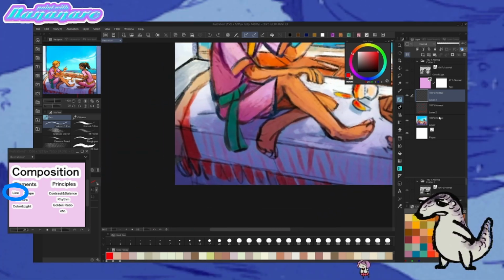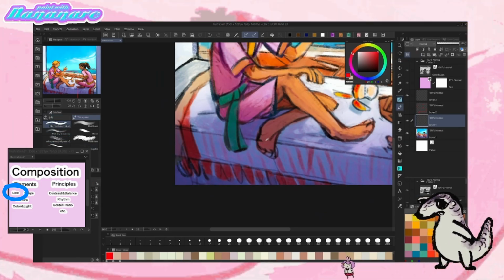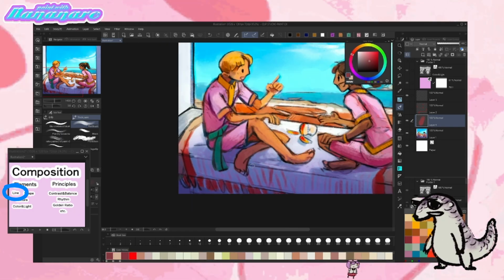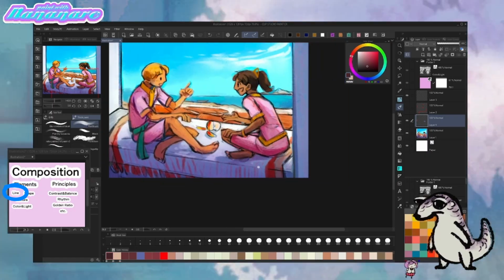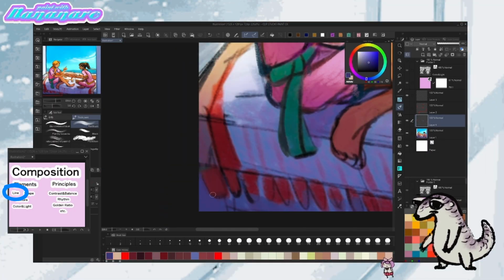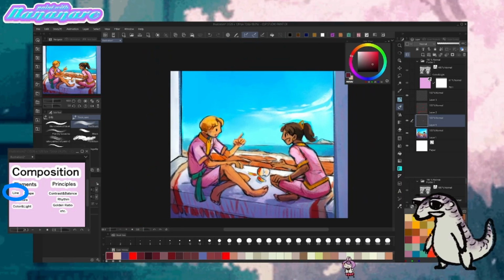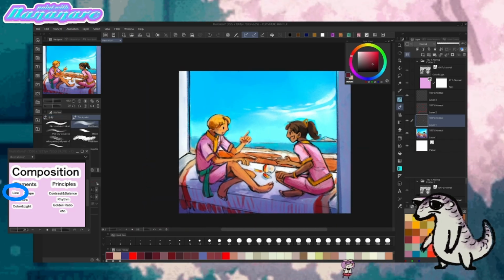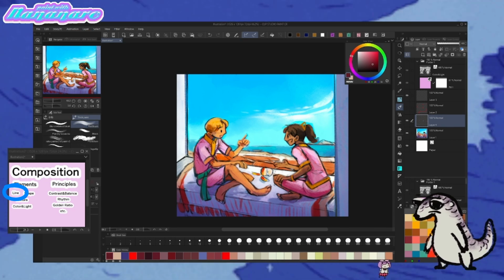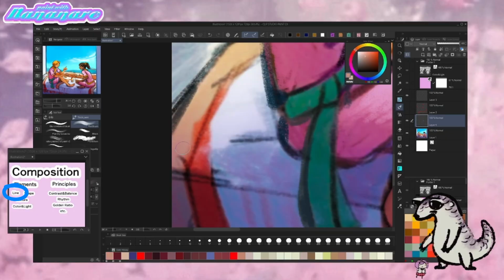So what I suggest you do is take some time to just clean these up really quickly. The thing with composition is that you have to look at the big picture, but at the same time pay attention to the small things and try to be clean as you go, because the small things are going to distract the audience if you don't clean those up.